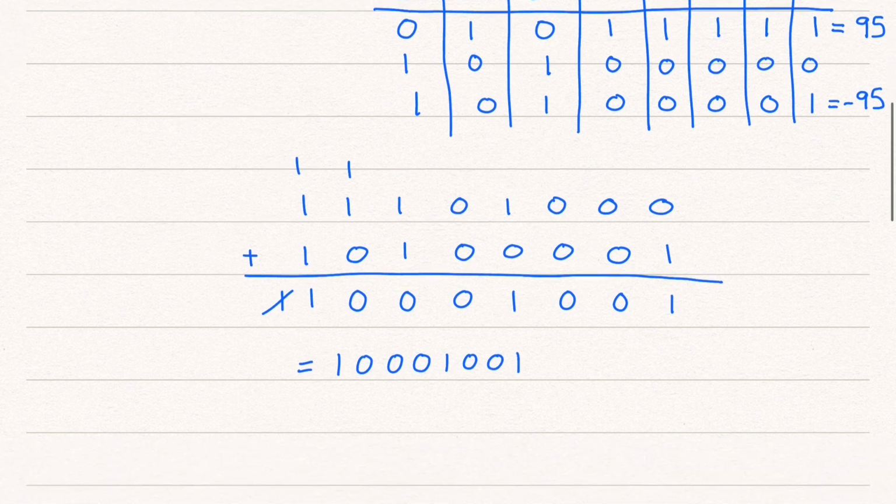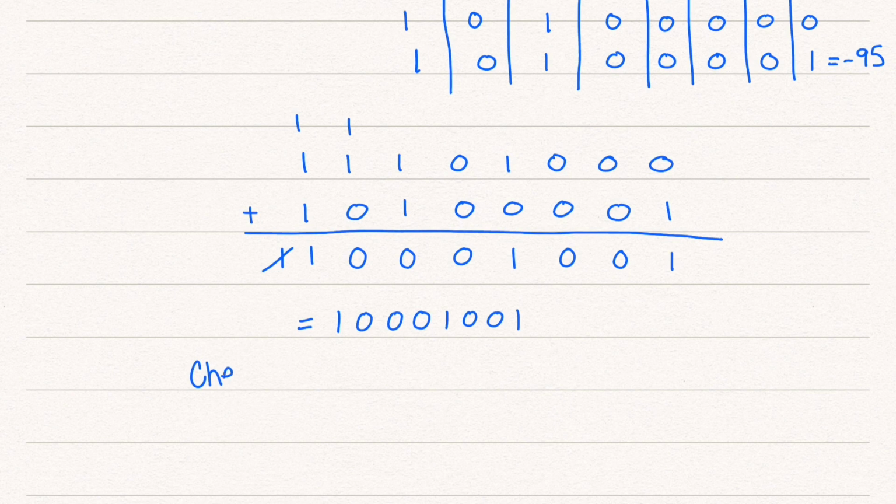Which, if we want to do a check, I'm going to convert that back into a decimal. So I get negative 128's place, and then the 8's place, and the 1's place. And if I put those together, I get negative 119.